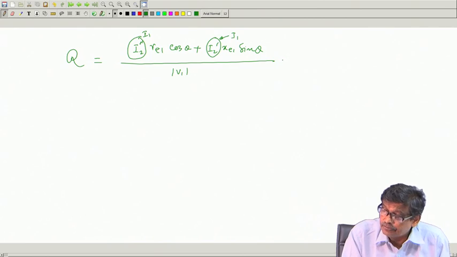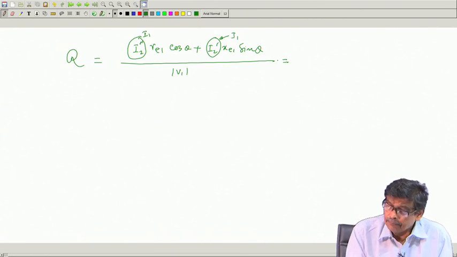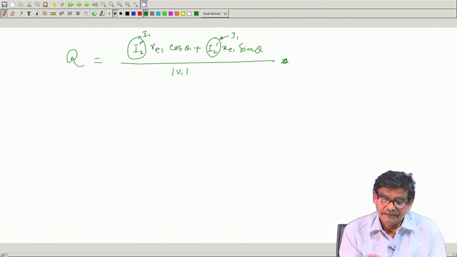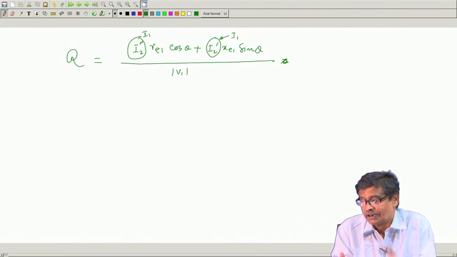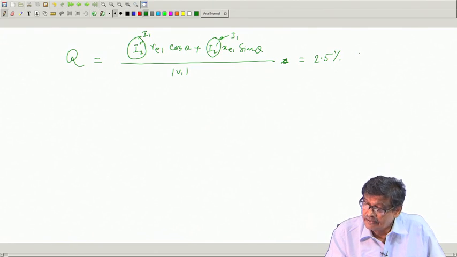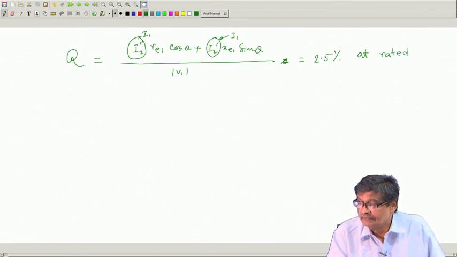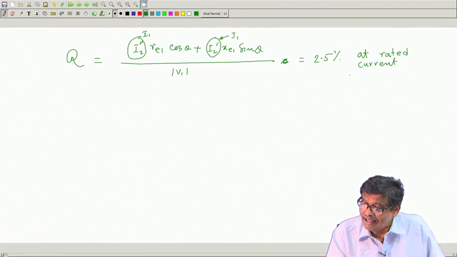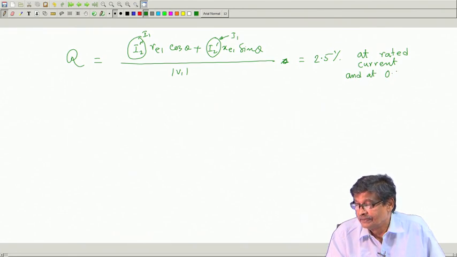Along with whatever number you get, say 2.5%, I must write at rated current and at 0.7 power factor lagging.